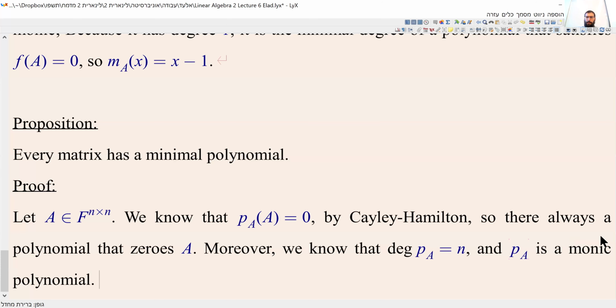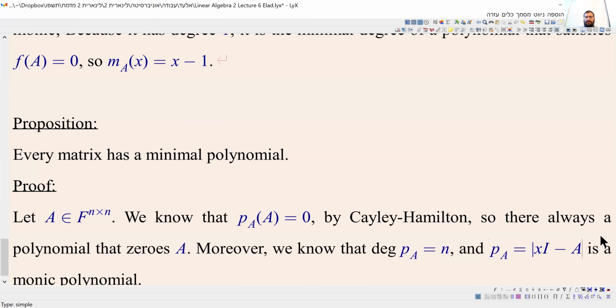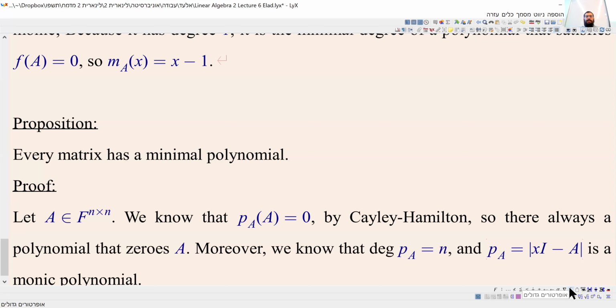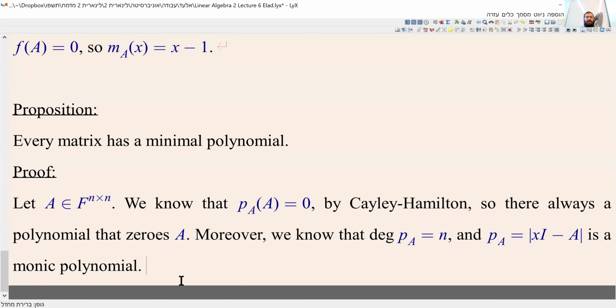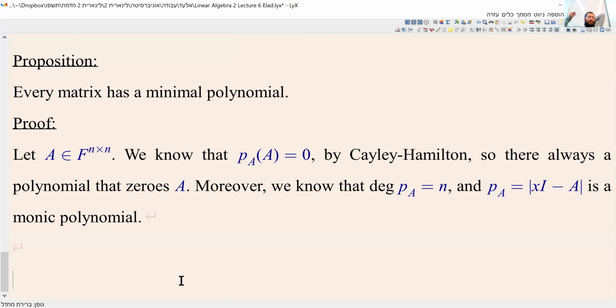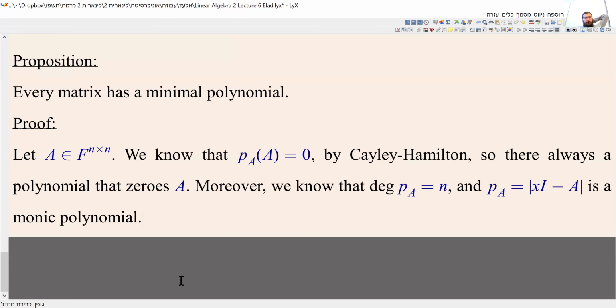We know that PA is the determinant of xI minus A. So we've already seen, not once, not twice, this determinant gives us x on the diagonal, which ends up with x to the power of n. So the coefficient of x to the power of n is 1, meaning that the polynomial is monic. And now, we do have a monic polynomial that zeros A.